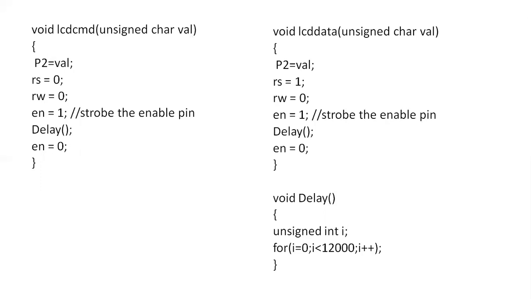For the command, register select should be 0, register write should also be 0, and the enable pin should go high to low with some delay. We discussed this at the beginning of the lecture.